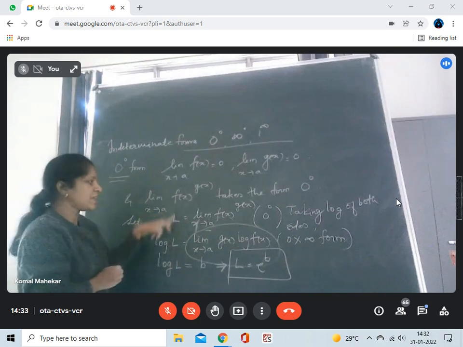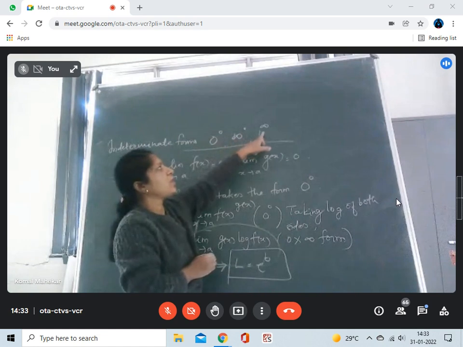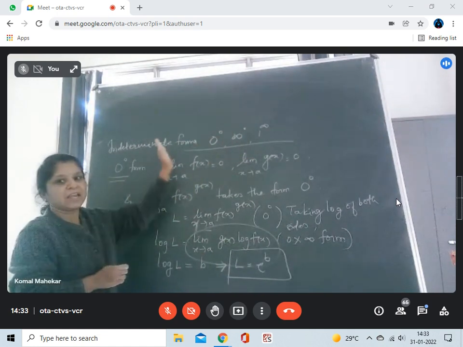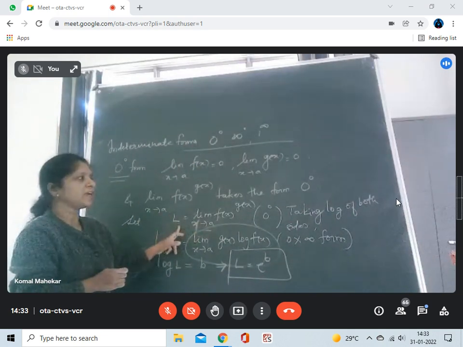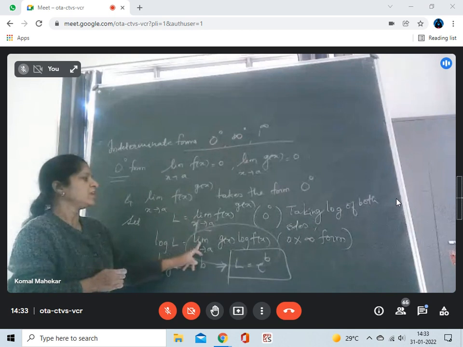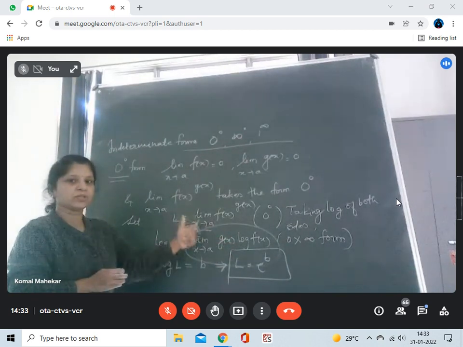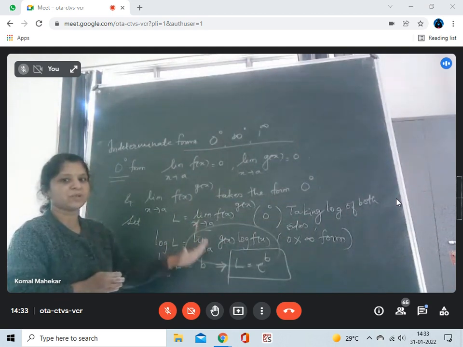Use the same procedure for the remaining two forms, infinity raised to 0 and 1 raised to infinity. If your limit is in any one of the three forms, then take logarithm of both sides. After taking logarithm, the limit will be in 0 into infinity form; convert it into 0 by 0 or infinity by infinity, and then apply L'Hospital rule and simplify.